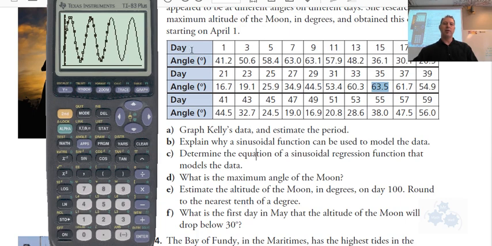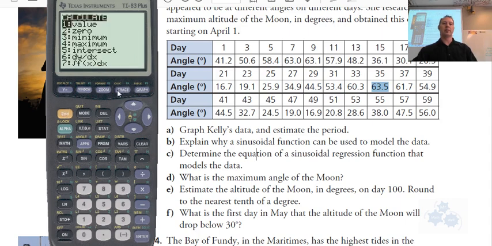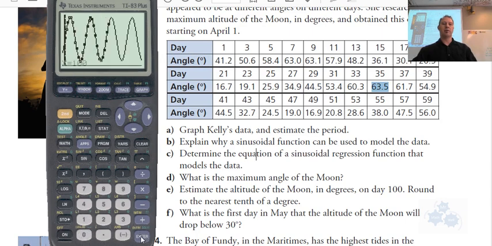Now day 100, day is the X value. So it's actually pretty easy to find this. You go second function, trace, and you just hit enter. Enter in an X value, and we put 100. And so this says 23.2 would be the degrees, the angle of altitude of the moon.